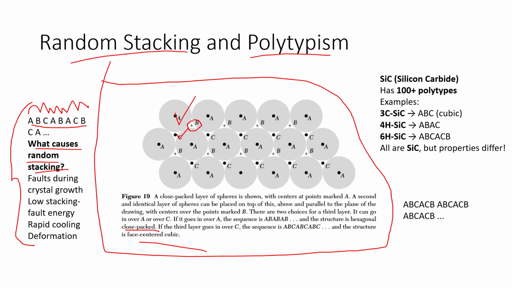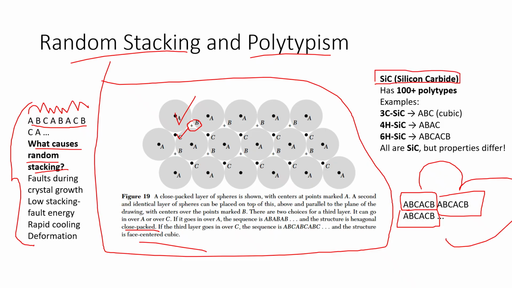And what is polytypism? It must seem random at first, but a pattern will be repeating after a certain distance. So you are saying A, B, C, A, C, B, and this itself is going to repeat. So we have silicon carbide. Silicon carbide is a wide band gap semiconductor, and it is used as a substrate sometimes in semiconductors, if I'm not wrong.